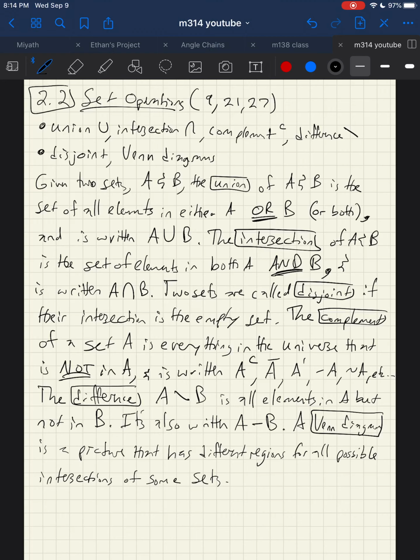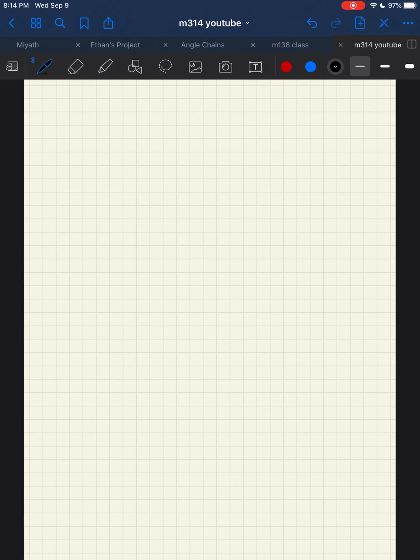So the Venn diagrams, and we'll probably do more with this later, but just a quick example, when you see this, here's A and here's B, you might see something like that. So these are Venn diagrams. We'll do more with those later.